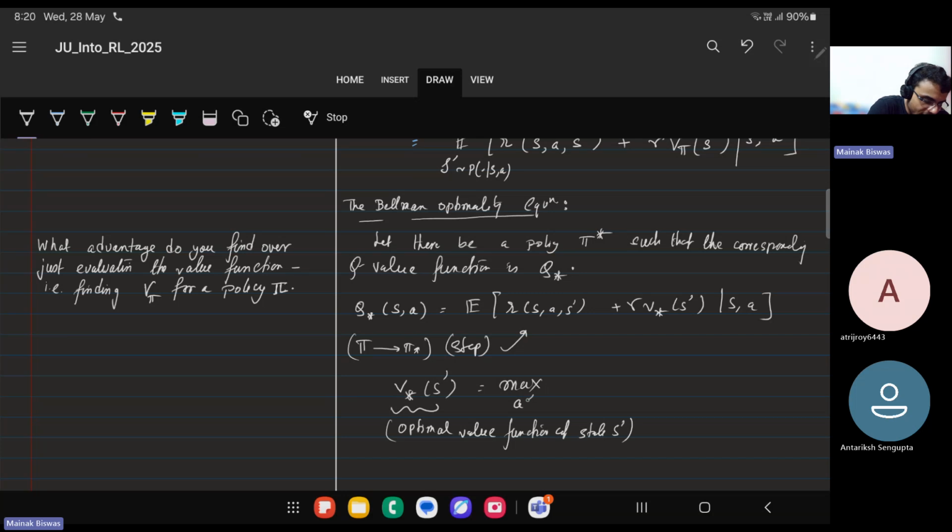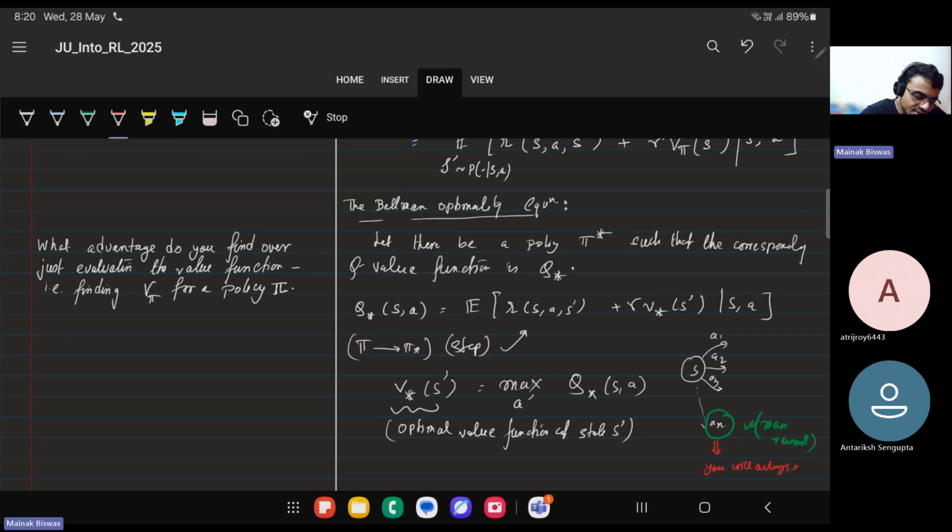So any action that maximizes Q star of S comma A. Because at any state, if you have action 1, action 2, action 3, dot, dot, dot, action N, and you see that this action is giving you maximum reward, you will always select this action, right?